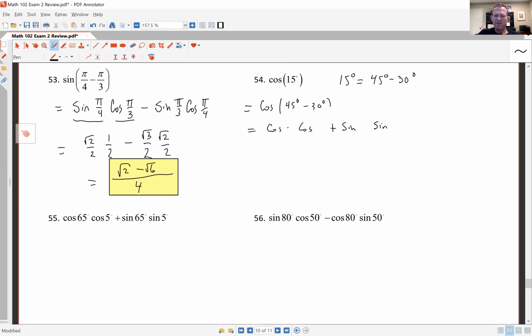So cosine 45, cosine 30, sine 45, sine 30. Cosine 45 is root 2 over 2. Cosine of 30 is root 3 over 2. Sine of 45 is root 2 over 2. Sine of 30 is 1/2. This gives us root 6 plus root 2, all divided by 4, because they both have a 4 in the denominator.